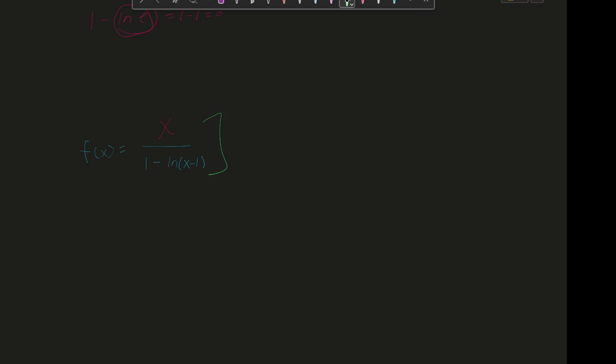You could use the quotient rule. Quotient rule, f times g prime minus g times f prime. Do I have that backwards? I think I do. I think it's f prime times g minus g prime times f over g squared.